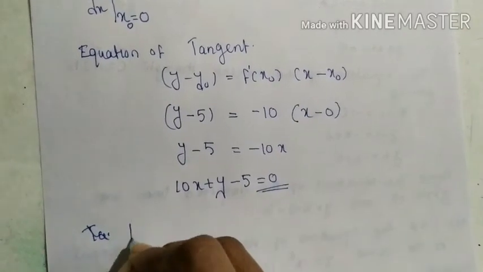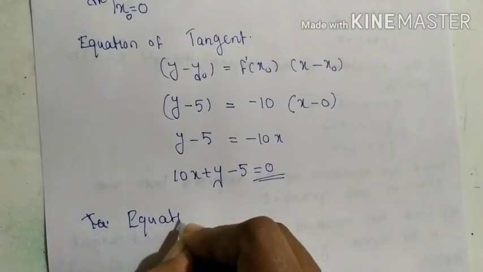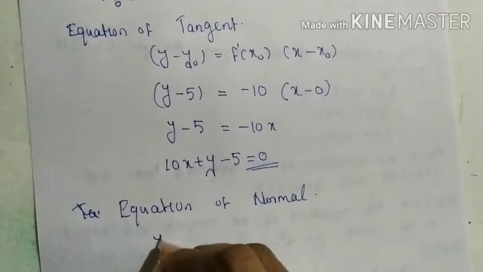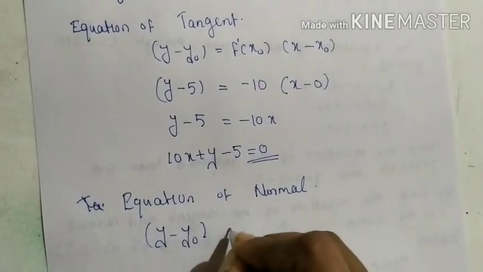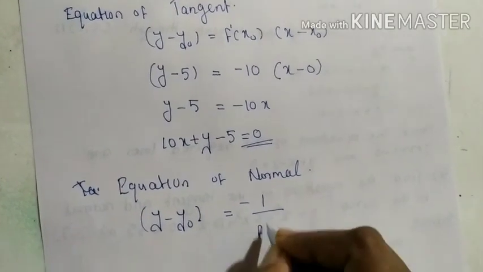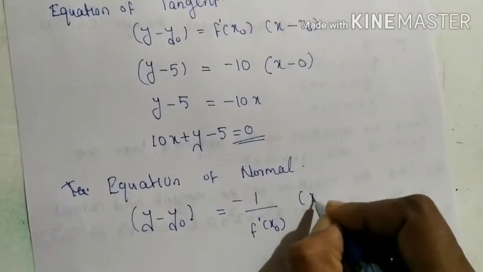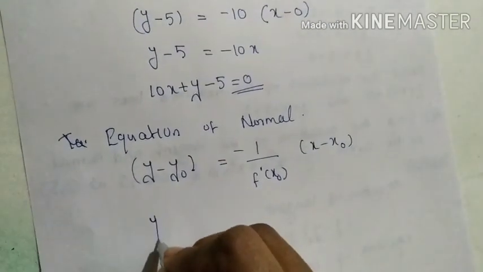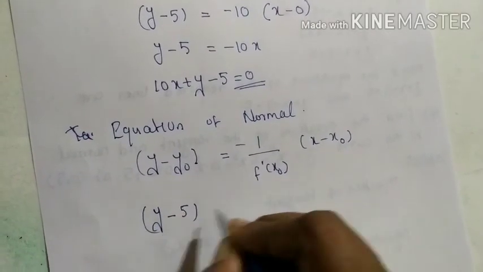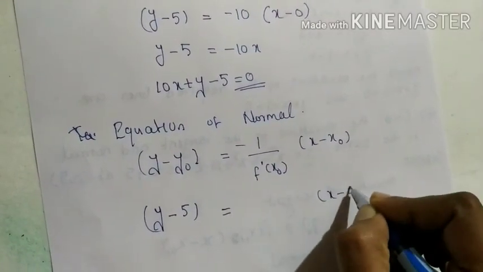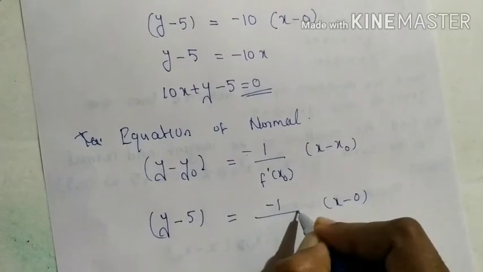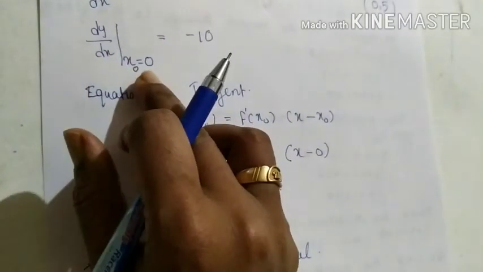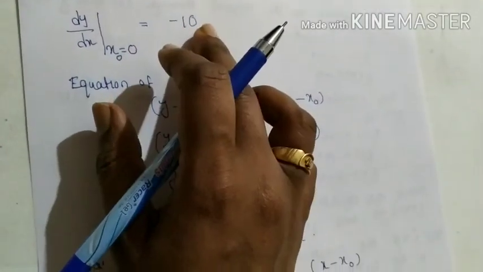Next, we need to find our equation of normal. So the equation of normal is y minus y naught equal to minus 1 divided by f dash of x naught into x minus x naught. Y naught and x naught remain the same, so y minus 5 equal to minus 1 divided by f dash of x naught, that is dy by dx at x naught equal to 0, which is minus 10, into x minus 0.